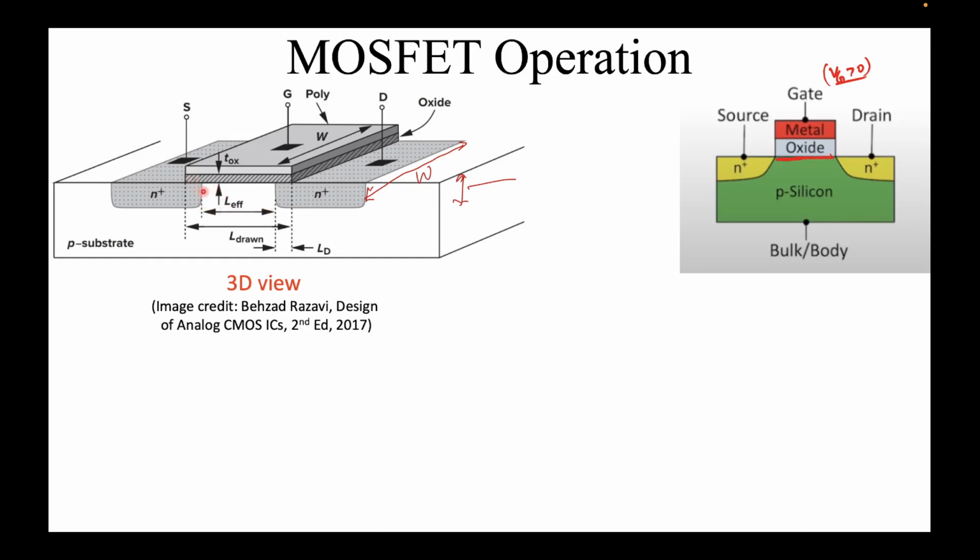The oxide is actually from L drawn, what you see over here, and L effective is the total length which the electrons will travel, and they travel from source to drain, right? And this LD is nothing but your overlap. So we tend to have that; this is the design from this book, and this is more or less from a realistic device.